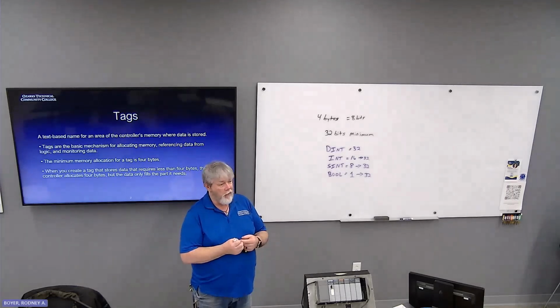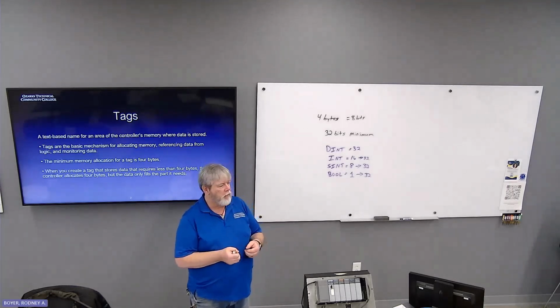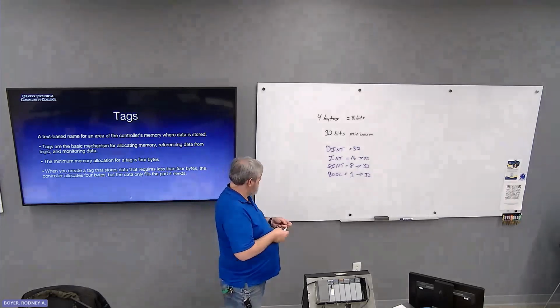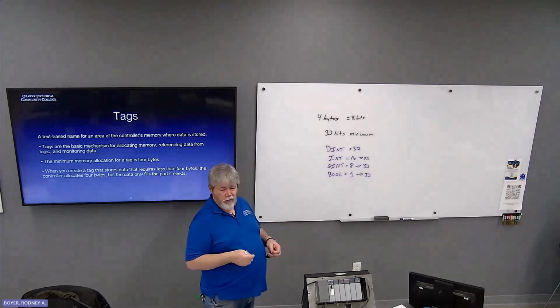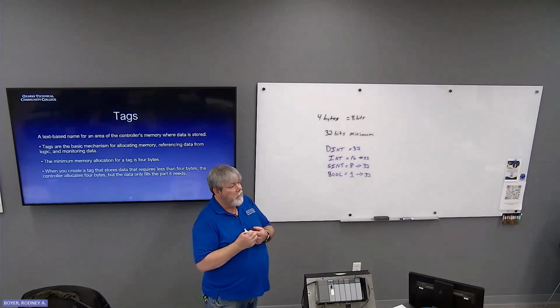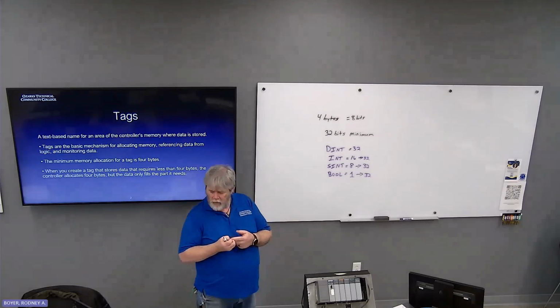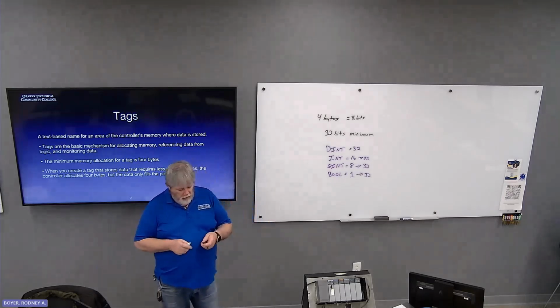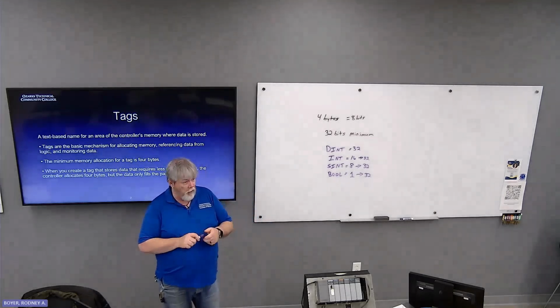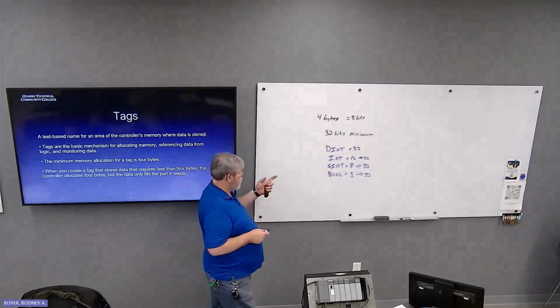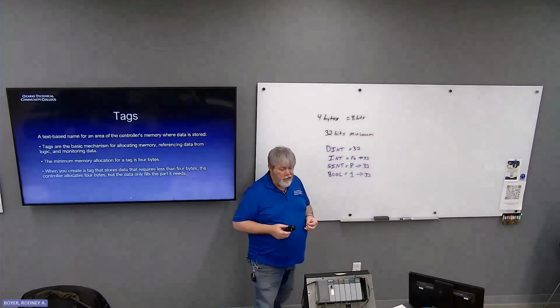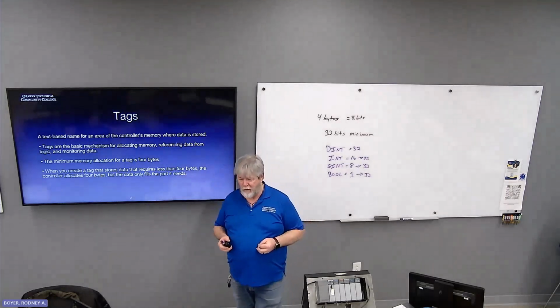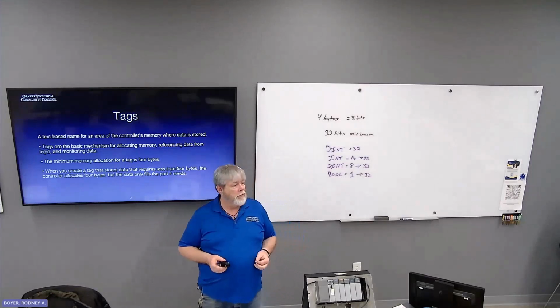You're not too worried about running out. So you can allocate 32 bits for every bool, and you use up a lot of memory, but you're not concerned about running out. But if you have a really big program, lots of tags, that might start becoming an issue. So there are ways to allocate memory in more efficient ways.